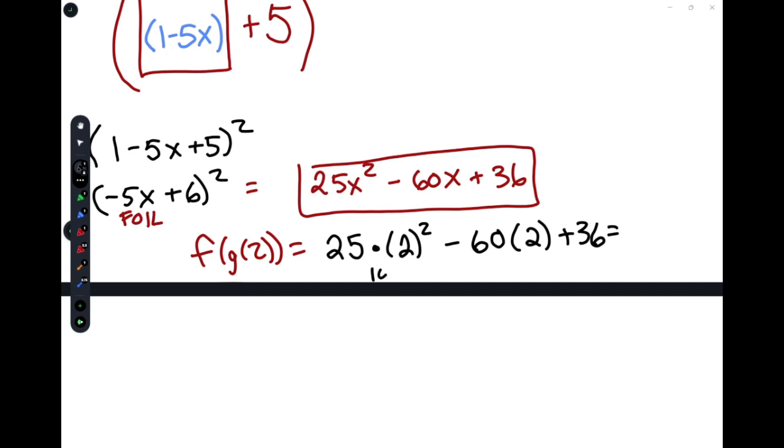That's a hundred, minus 120, so that's negative 20 plus 36, 16. Wait, pause. Why didn't you square it? We did. I did it wrong. Ignore me. 16, okay?